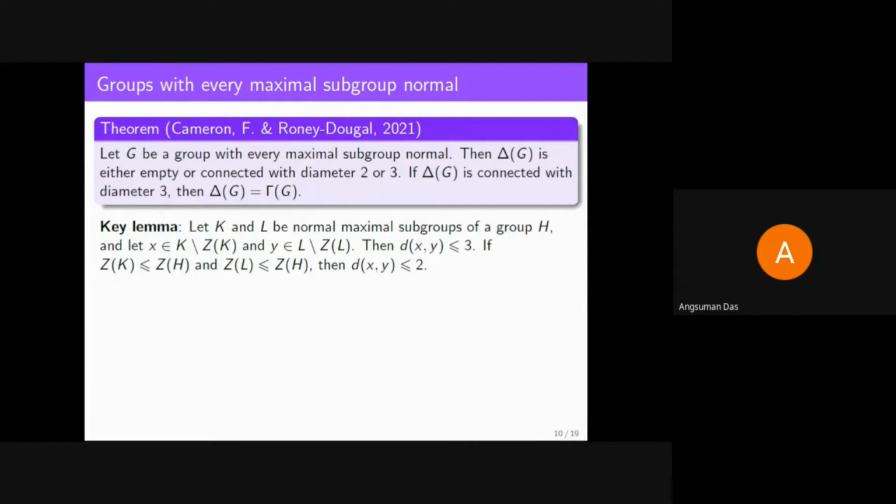So there are also other types of graphs defined on groups where the set of vertices is the subgroups. Do you have any idea whether those graphs can also be helpful to look into the graphs where the set of vertices is elements of the groups?